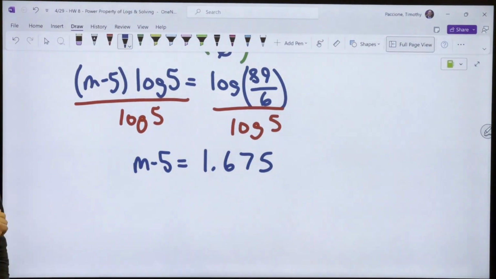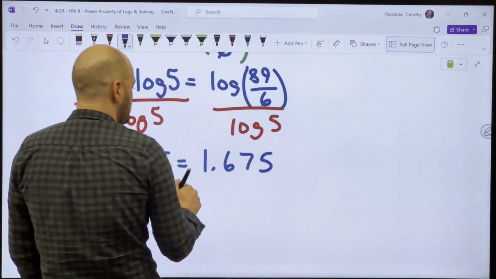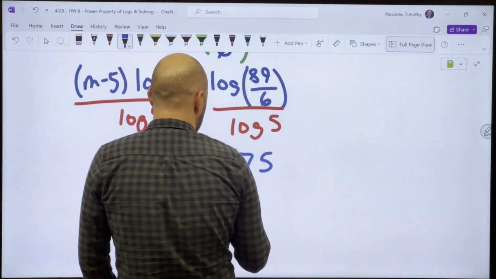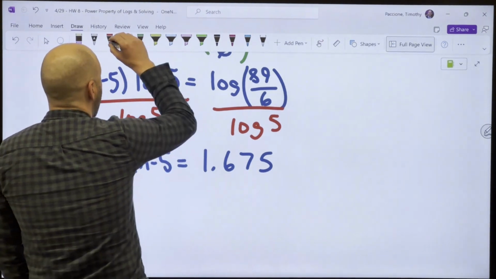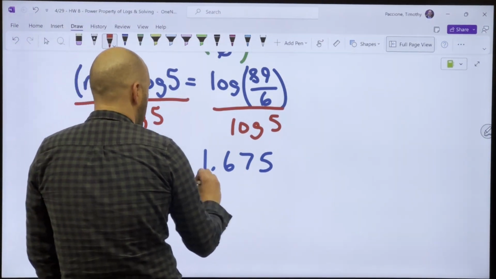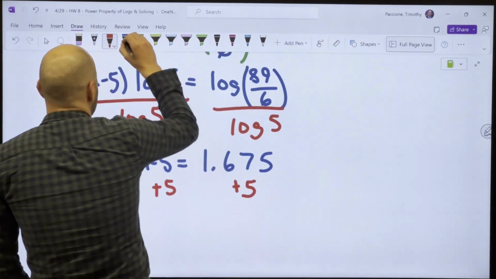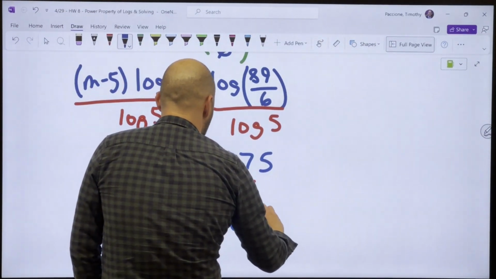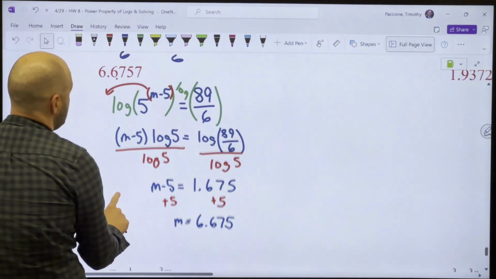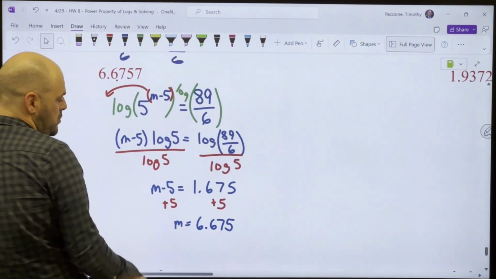Taking your word for that, because I don't know that off the top of my head. Doesn't it show the answer on your calculator? Yes. Okay, so now I would add 5, equals 6.675, and I had 6.6757, so I just want one more.